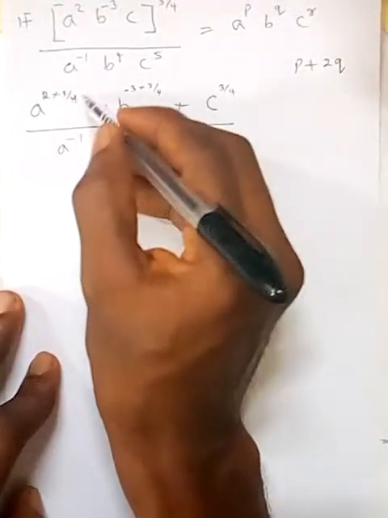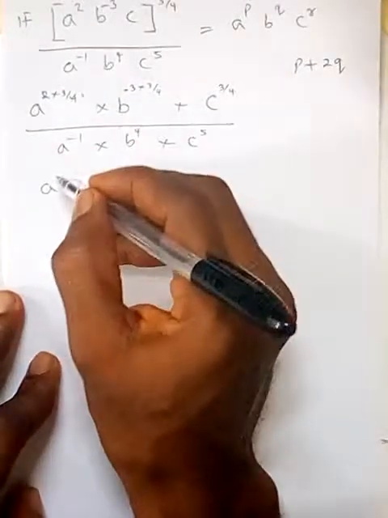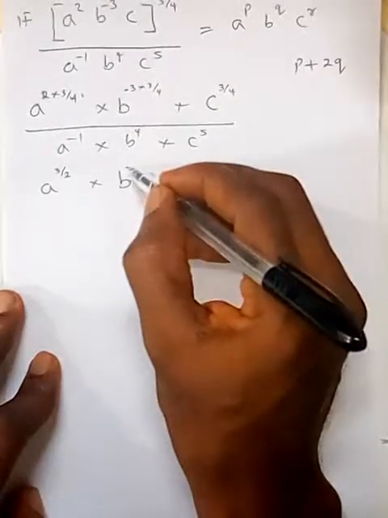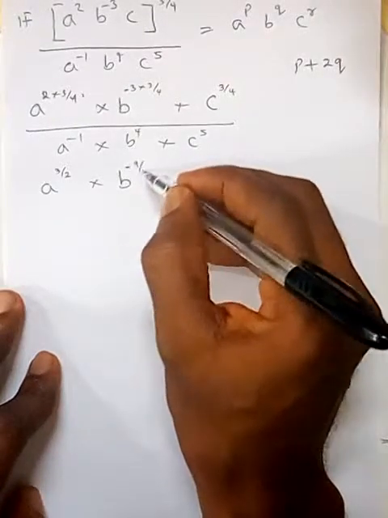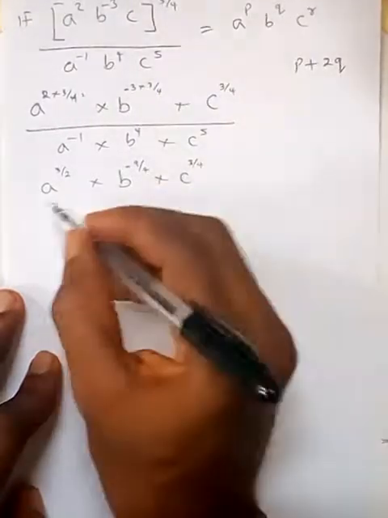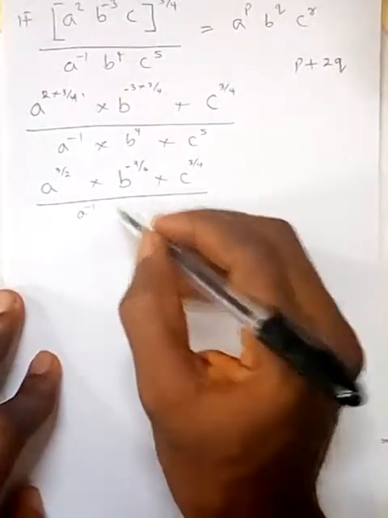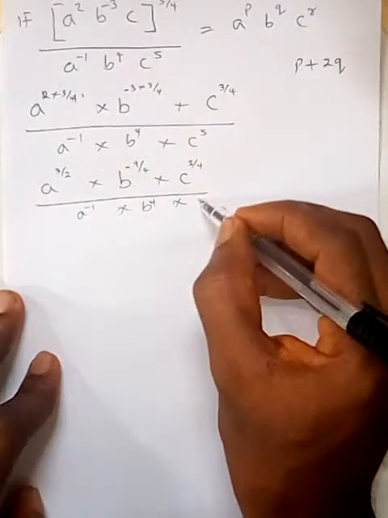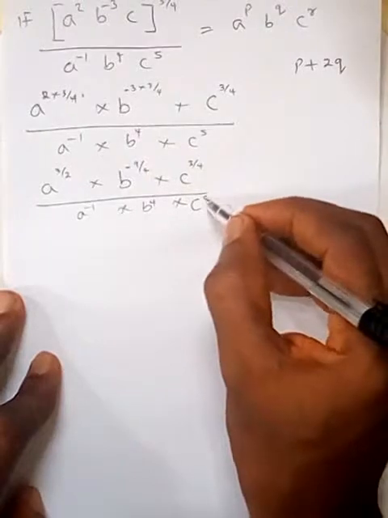Okay, so this here is 2, so that's a raised to power 3 over 2 times b raised to power minus 9 over 4 times c raised to power 3 over 4 over a. This is divided, so when we are dividing, you should know we should subtract the powers raised to power 5.